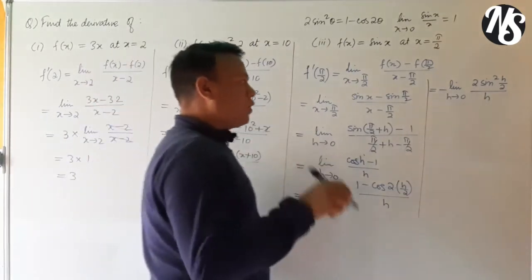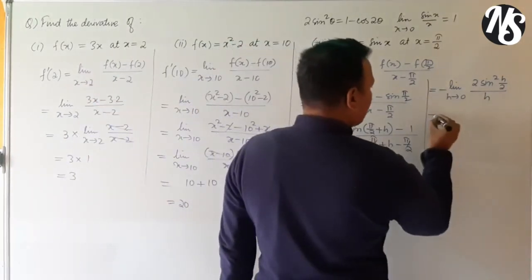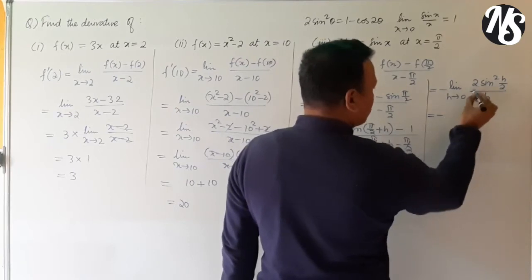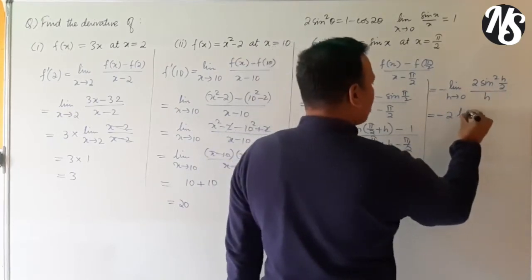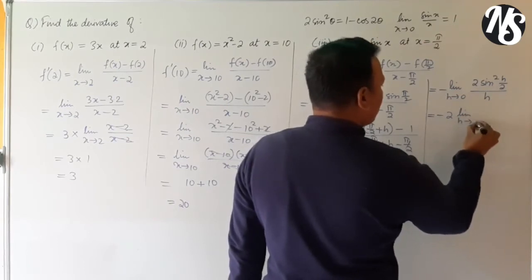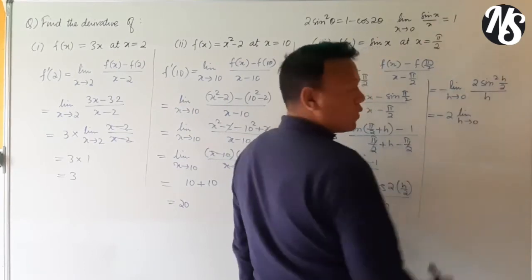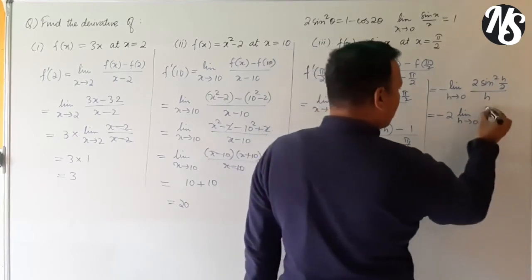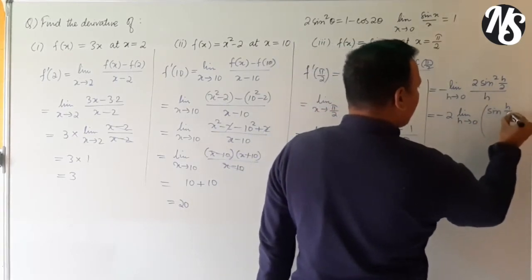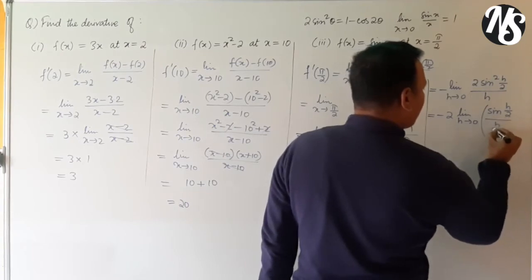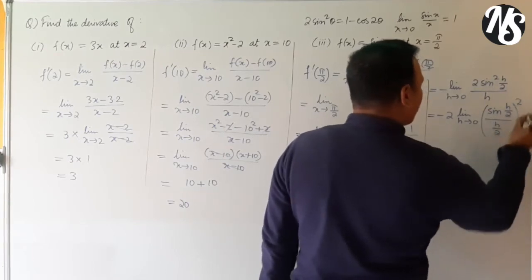In order to apply that formula, I must write this as minus, so this 2 is a constant, I have to keep it outside, limit h tends to 0. Now here we have a square, so I'm making it sine h by 2 divided by h by 2 whole square.